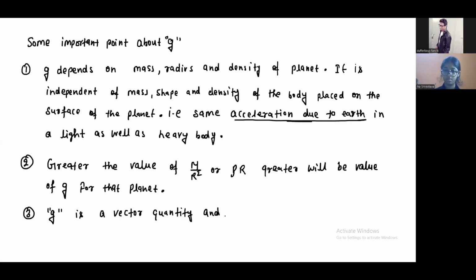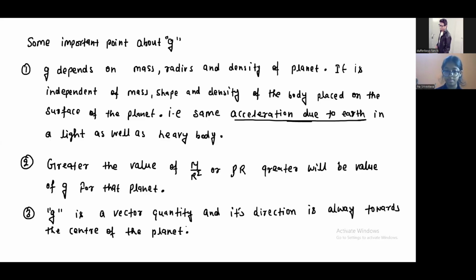Its direction is always towards the center of the planet.